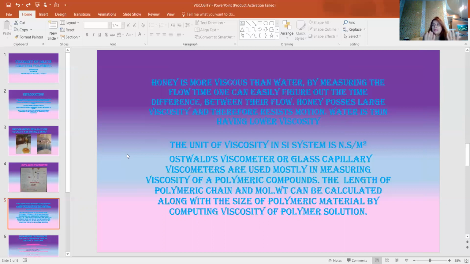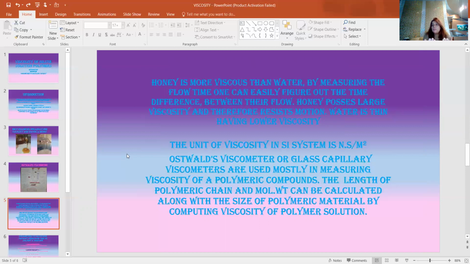There are molecules that are resisting each other, forcing each other not to move with fluency. Whereas water is thin, having lower viscosity. Naturally, it is obvious that its consistency is very low, and it has lower viscosity.